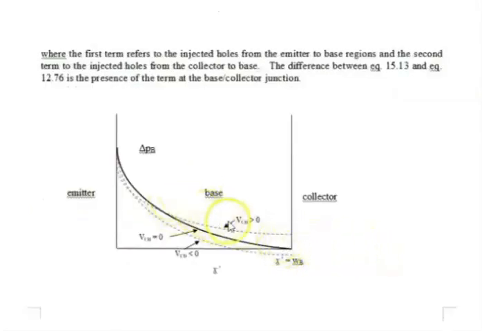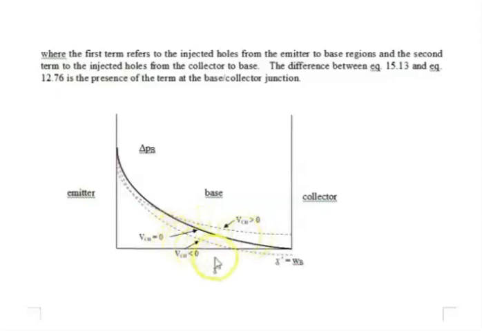So in this figure here, if we have a forward bias, where the collector is positive with respect to the base, then we have a reduction in the current.